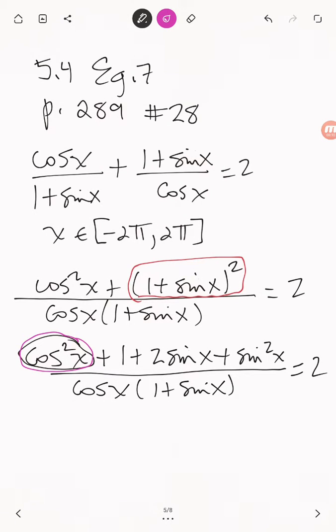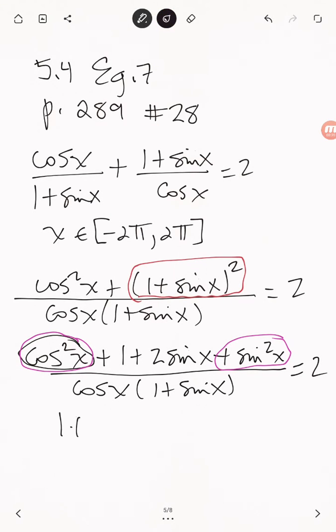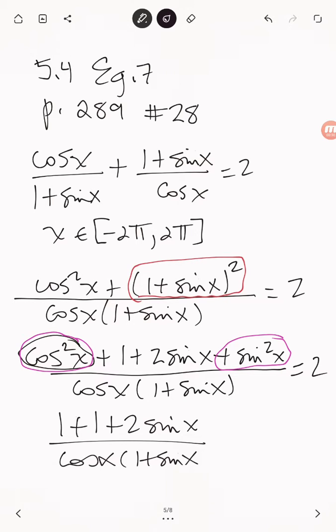We have cos squared x plus sine squared x, and we should all quickly and easily at this point recognize that to be equal to 1. So let's replace that. Okay, and then obviously 1 plus 1 is 2.